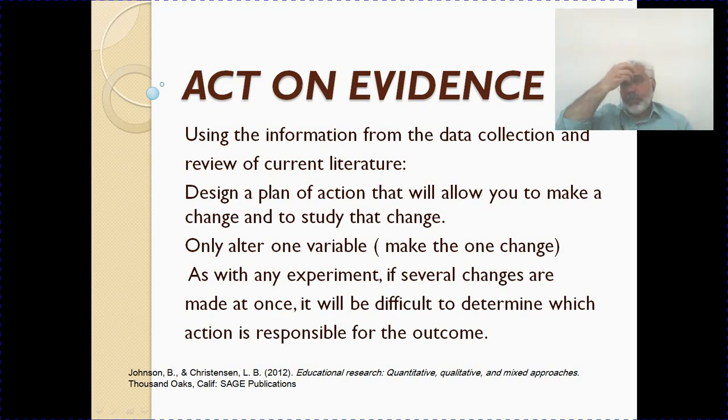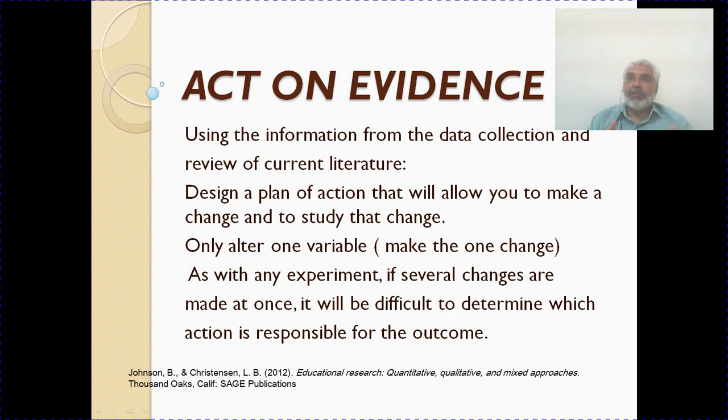Let's say I have found that my class is scoring very low on science, grade 5. Well, after collecting data, I find that the examples that I give them are not enough.